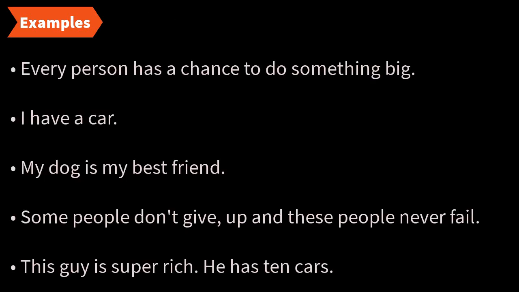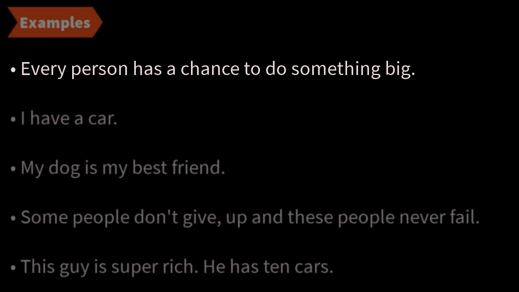And guys, we have different types of determiners in English, right? Before we look at different types of determiners, first let's look at some examples where we have determiners. Every person has a chance to do something big. Now, I said a determiner comes before a noun and determines the meaning of it, right? So, in order to find the determiner in the sentence, what do we have to do?